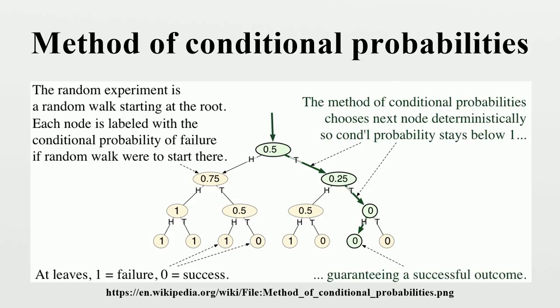Thus, from any interior node, one can always choose some child to walk to so as to maintain the invariant. Since the invariant holds at the end, when the walk arrives at a leaf and all choices have been determined, the outcome reached in this way must be a successful one.